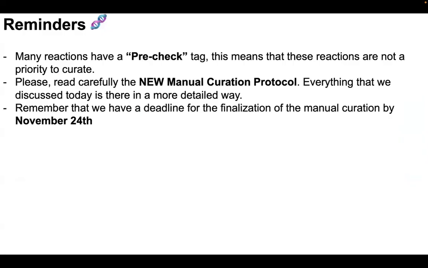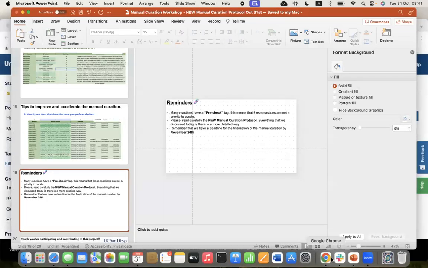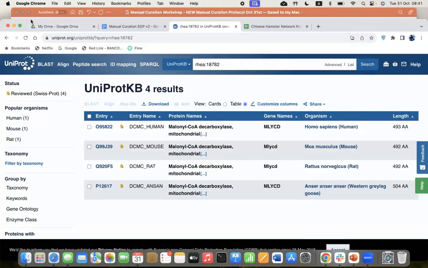So again, we highly recommend you, if you are finalizing your package, to go to other packages and find reactions to curate. There are some packages that nobody has taken so far, and they have a lot of these similar reactions. Actually, let me see if I can find a good example for this.